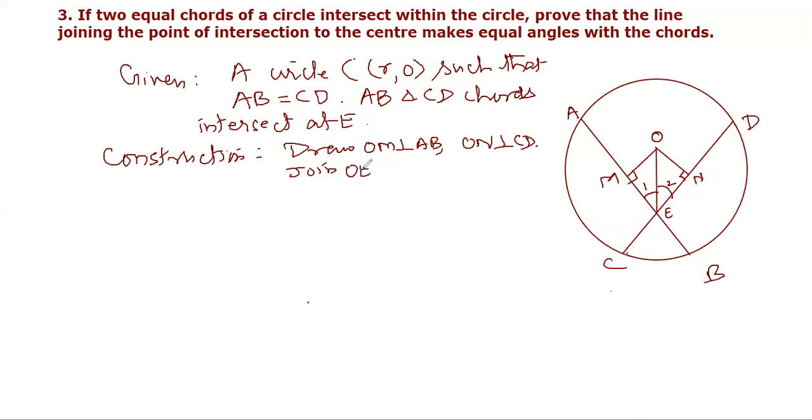And we have to prove that the angles are equal. Which angle? The angle this line is making with the chord. We have to prove angle 1 is equal to angle 2.